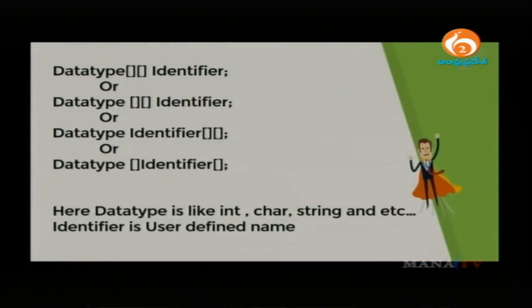It is pretty simple. You have a data type, which can be anything: integer, character, float, string, or whatever, depending on you. An array comes under user defined data types.